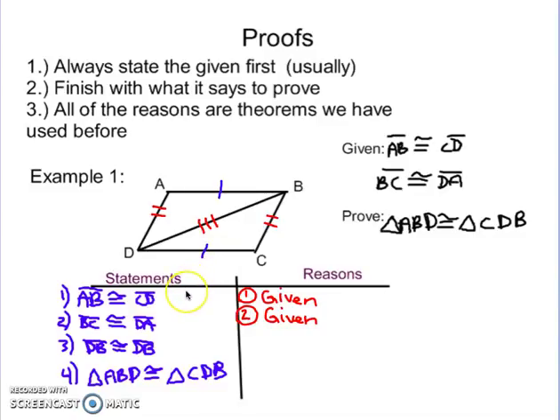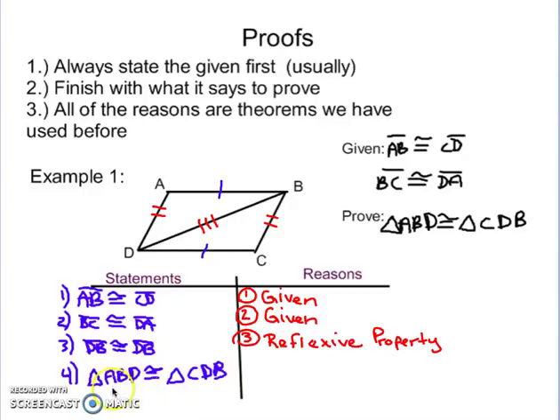And that's the property that is used when a figure is congruent to itself. So down here, we're just going to write reflexive property. And remember, we use that anytime that a figure is congruent to itself.